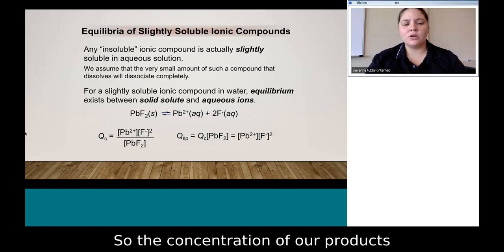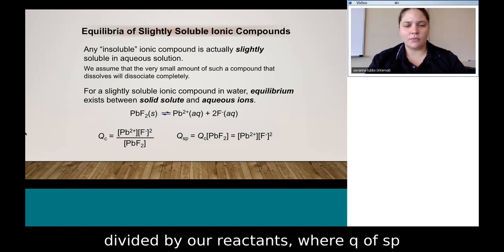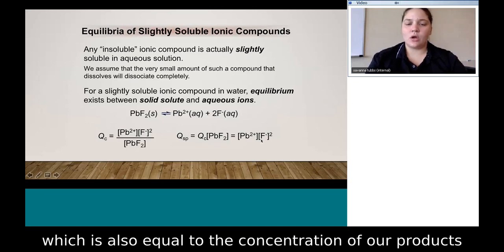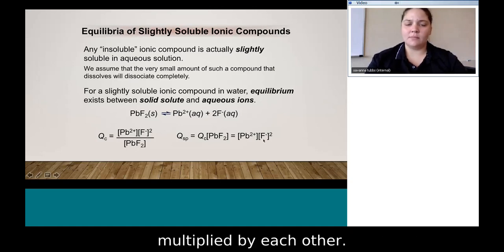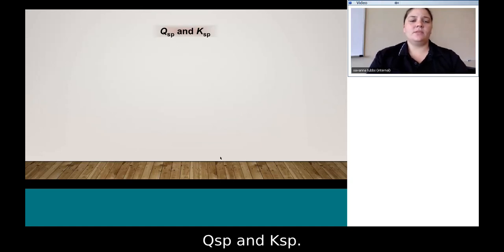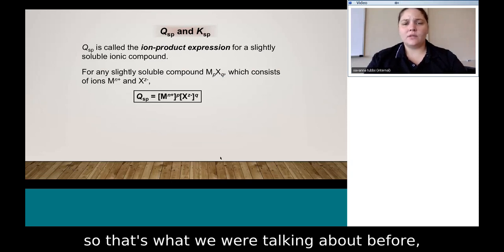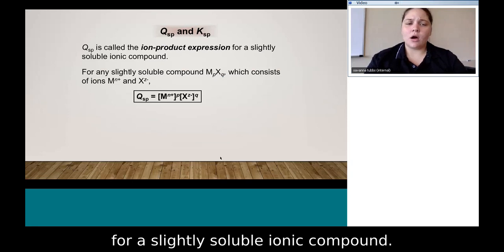So the concentration of our products divided by our reactants, where our Qsp is going to be our Qc times our PbF2, which is also equal to the concentration of our products multiplied by each other. Qsp and Ksp. Qsp is called the ion product expression. So that's what we were talking about before for a slightly soluble ionic compound.